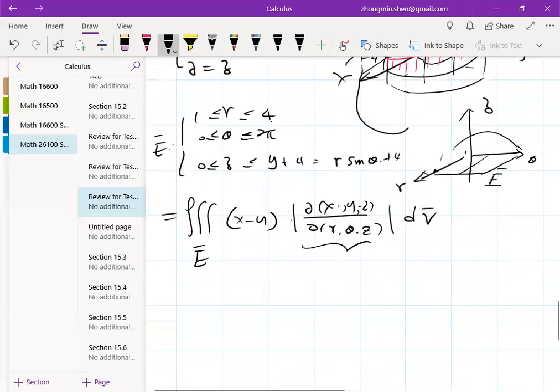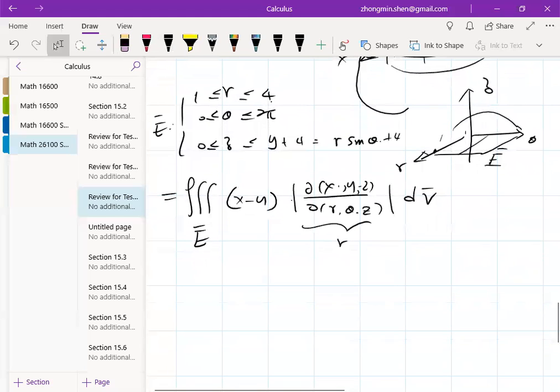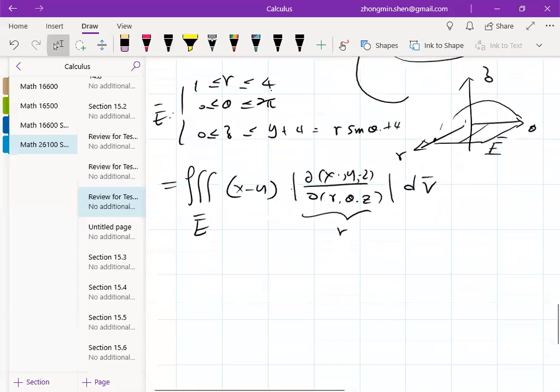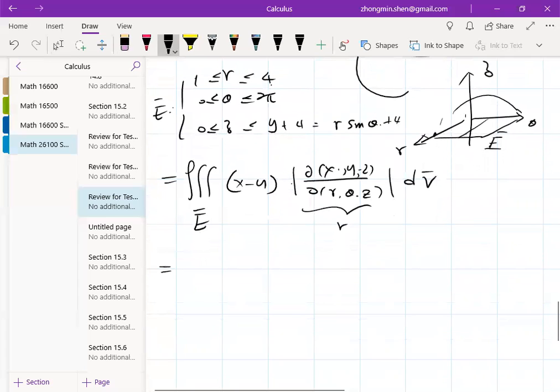We already know that it is just r, so you don't need to worry about it. It's a special map, already calculated.